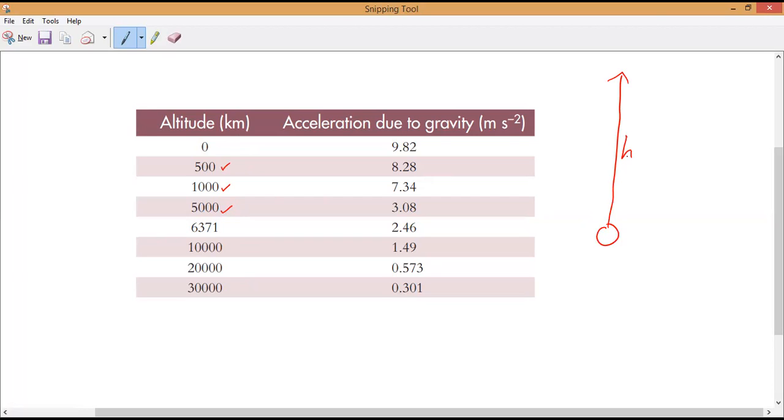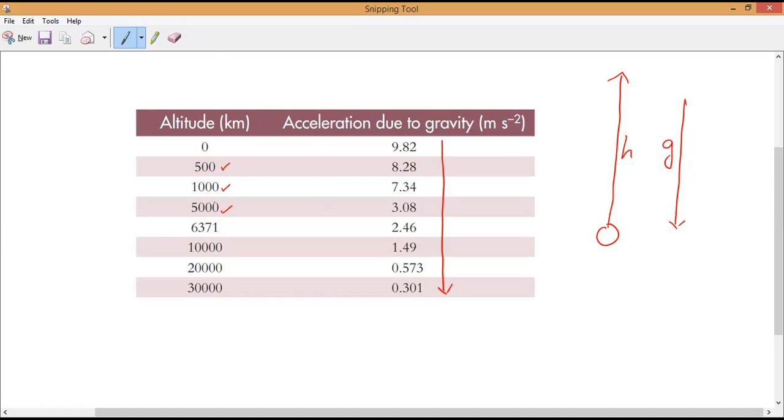Height is increasing. What about the g value? Is the g value decreasing or increasing? Notice it here. Decreasing.